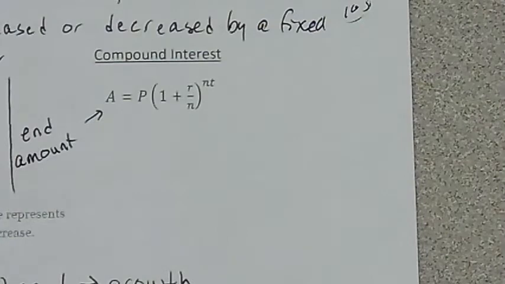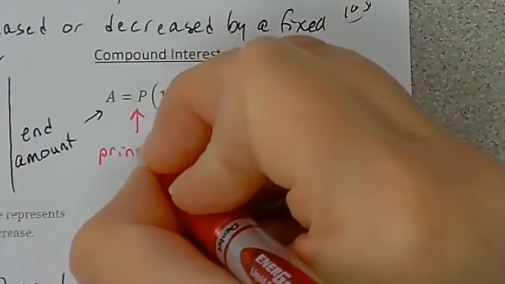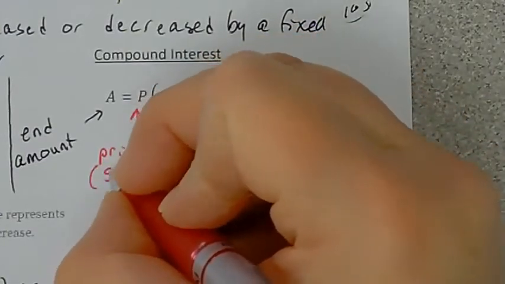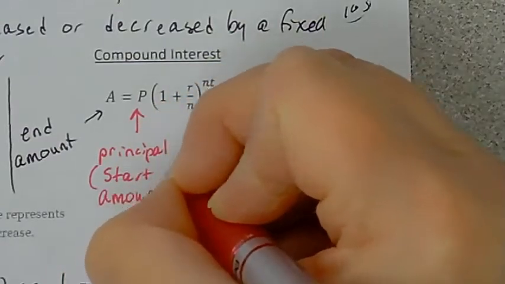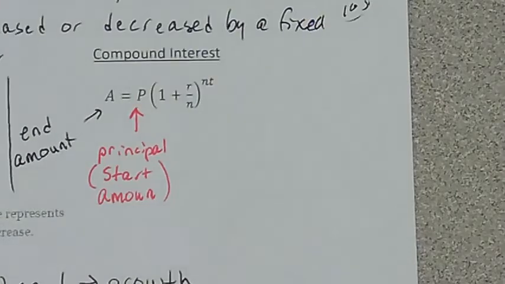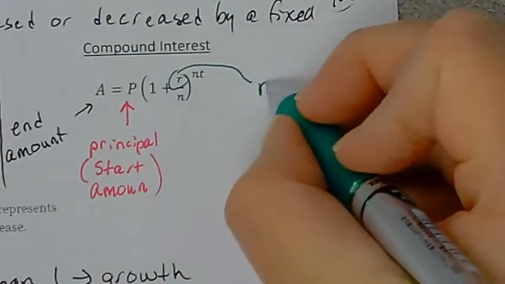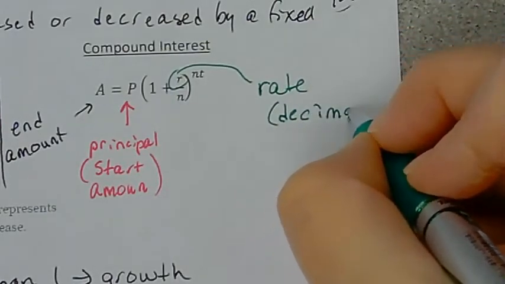The P represents the principal, or the starting amount. The R represents the rate, and again, our rate is going to have to be turned back into a decimal instead of a percent.